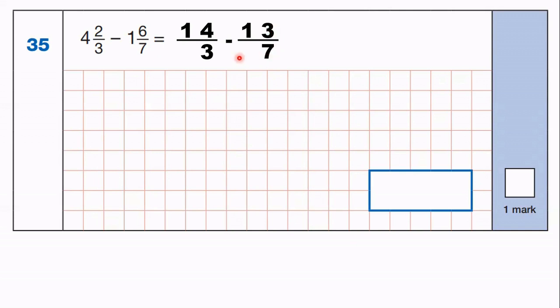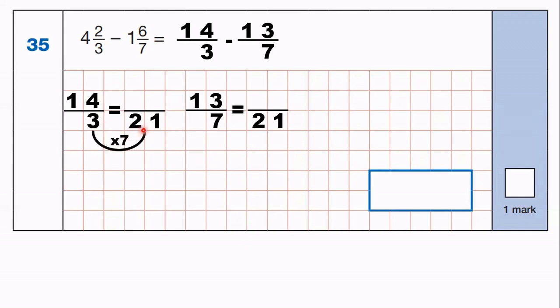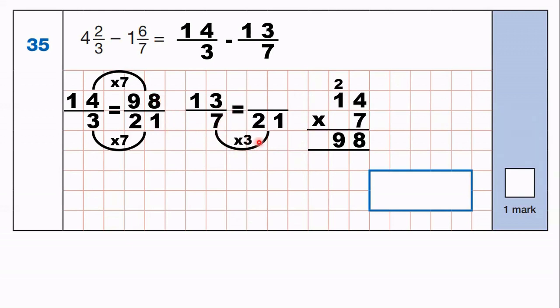Now we need to get the denominators the same, so we need to find equivalent fractions so that they have a common denominator. 3 times 7 is 21, so we need to work out 14 times 7. That gives us 98. So we have 98 over 21. Then onto this fraction, 7 times 3 is 21, so we need to work out 13 times 3, which is 39.